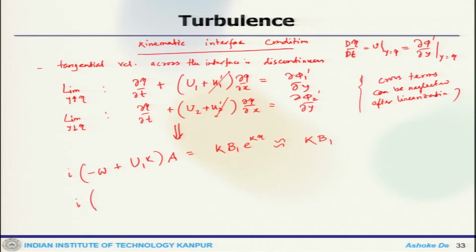Similarly, i times (minus omega plus u2 k) a equals to minus k b2 e to the power minus k eta, which is minus k b2.